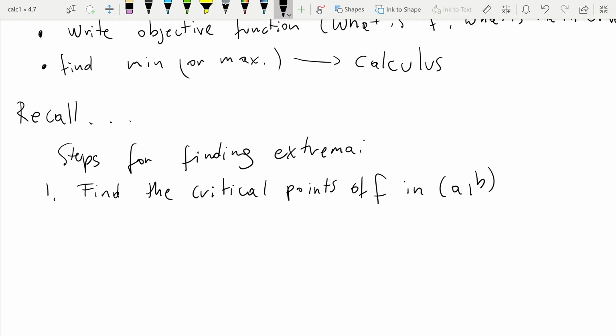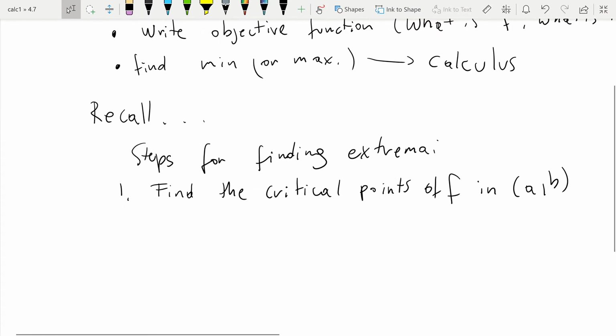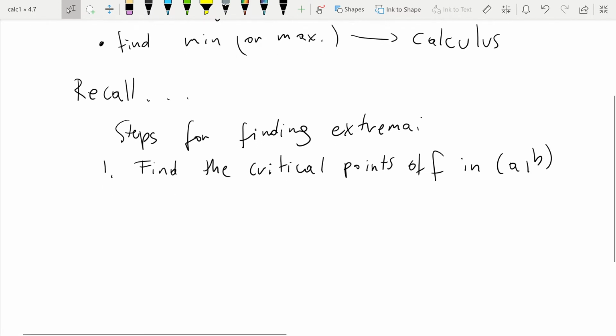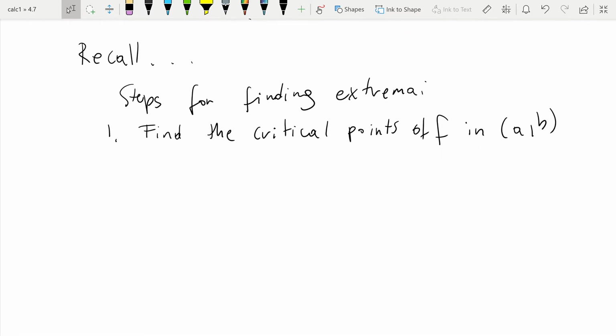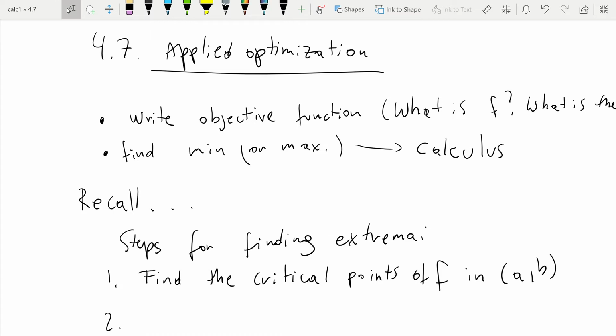Remember that the interval may be AB closed, AB open, semi-open, whatnot, but we look for the critical points in the interval AB. This is usually not given to you. You must get that information from the wording of the problem.